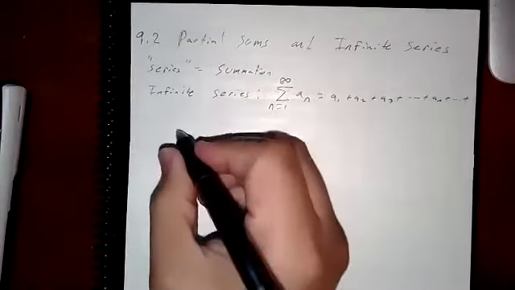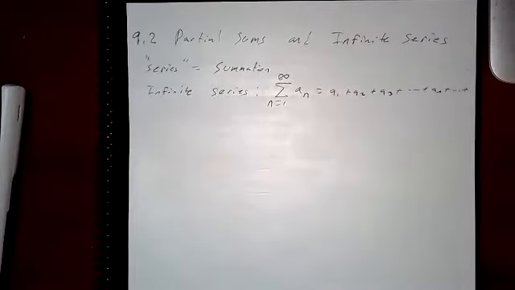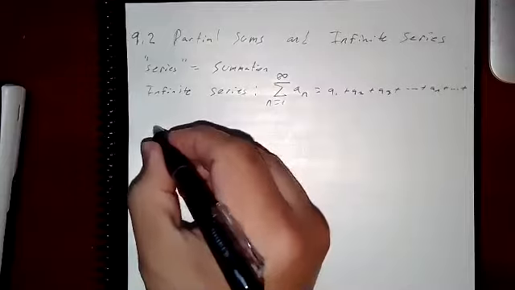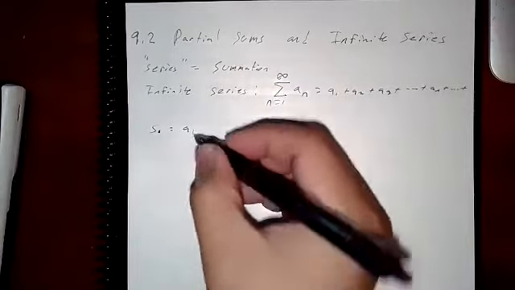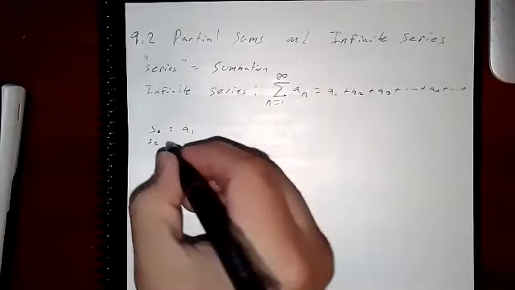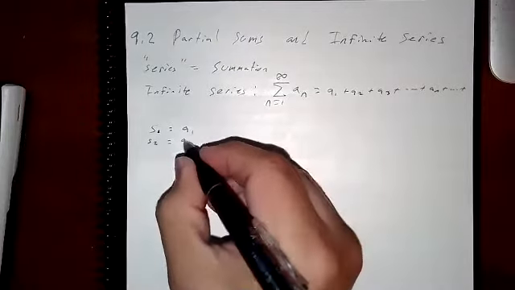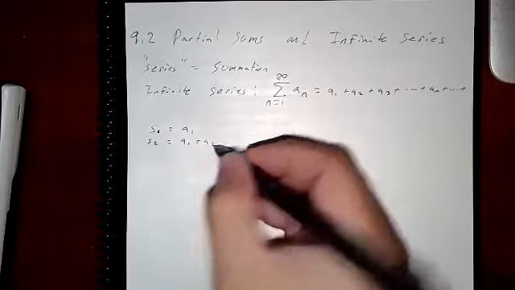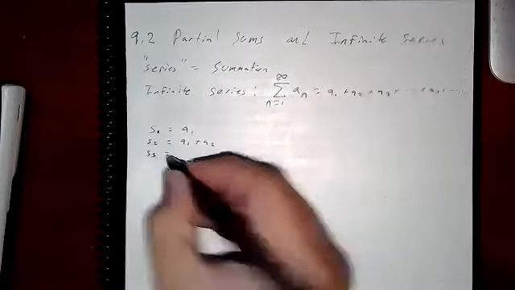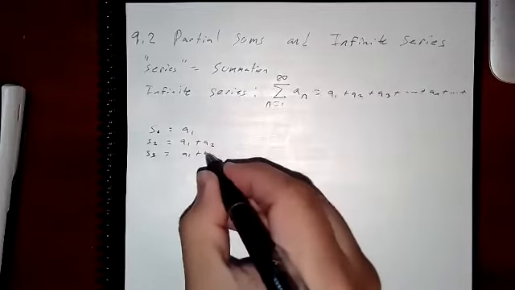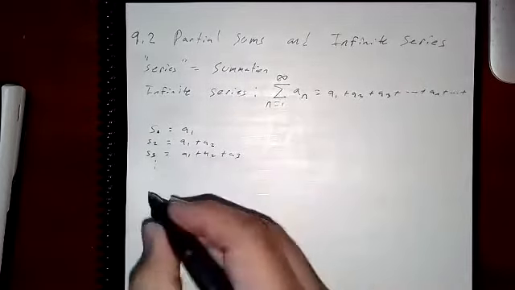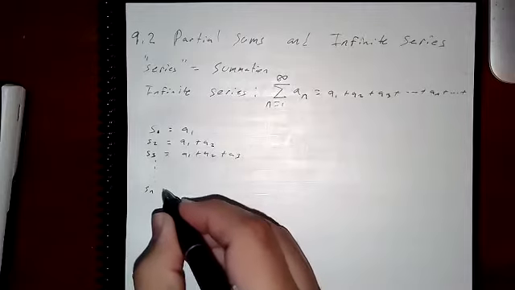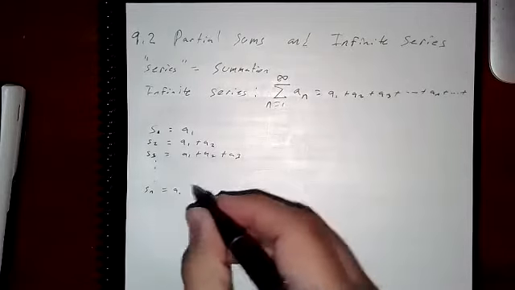Now partial sums, all that really means is the first partial sum would be just the first one. The second partial sum would be the first two. The third, of course, would be the first three. All the way till the nth term, which would be adding n of these.